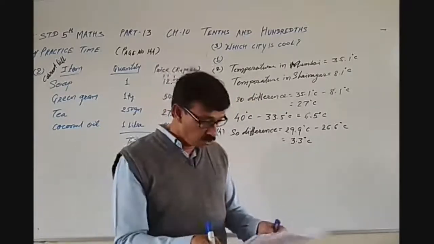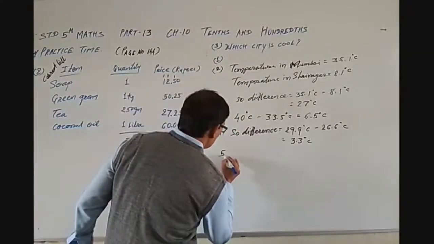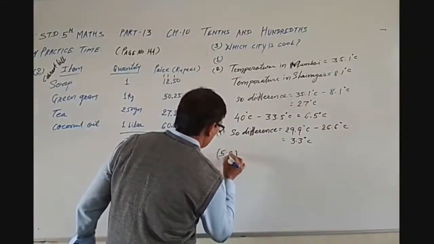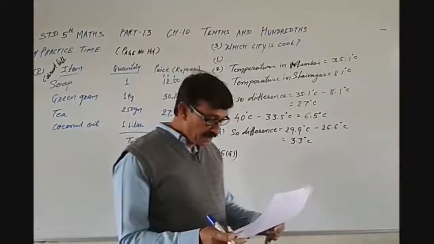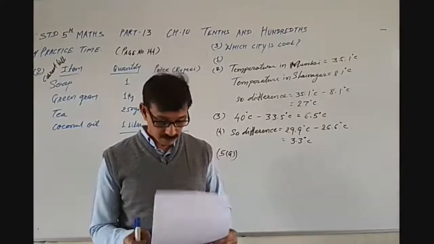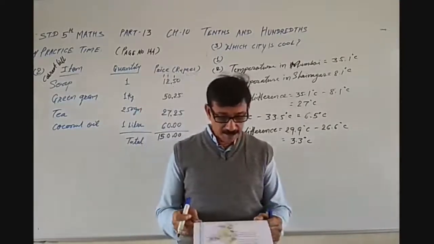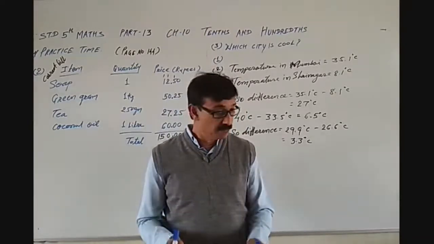Okay. So now the first question. This is fifth A. Which place had the lowest temperature at 3 am? Imagine yourself to be there and describe how it would feel.